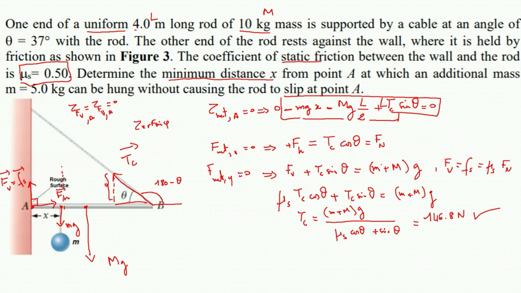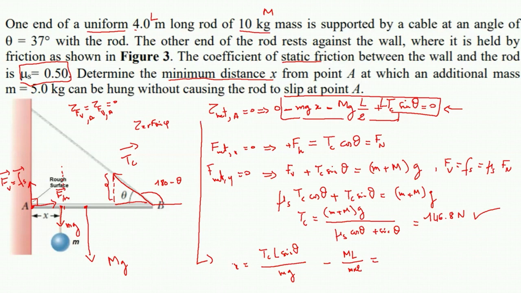Now, once you get TC, you plug it into the net torque. The net torque is equal to 0, the balance of torques. So basically this will give you x equal to TC L sine theta divided by mg, minus ML divided by 2M basically.